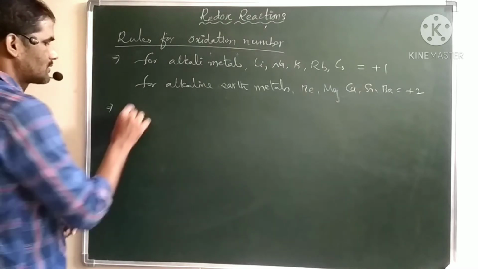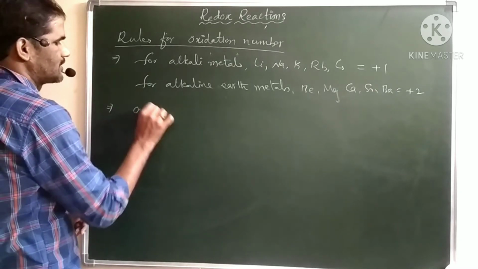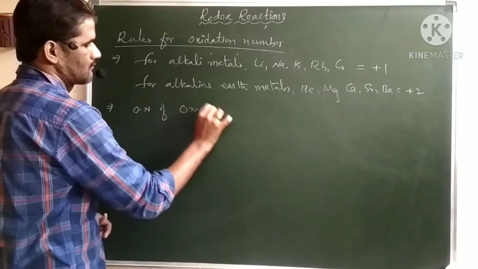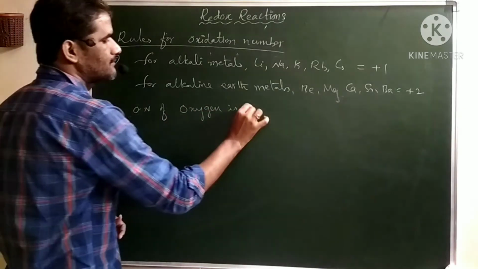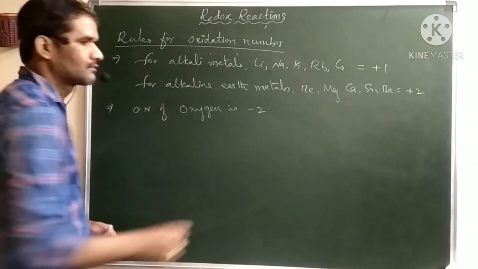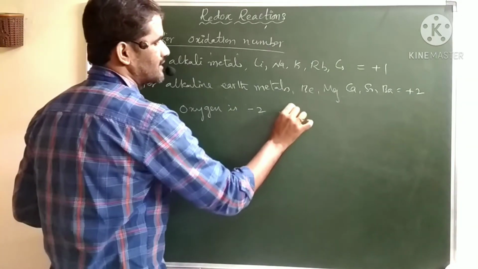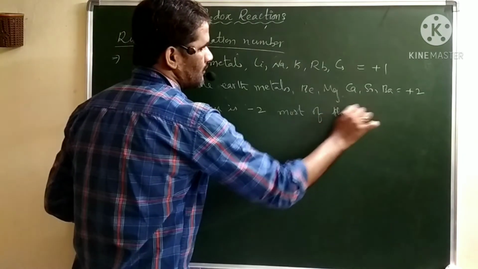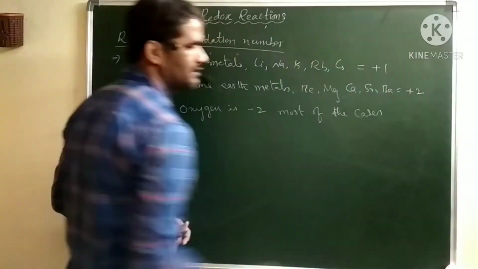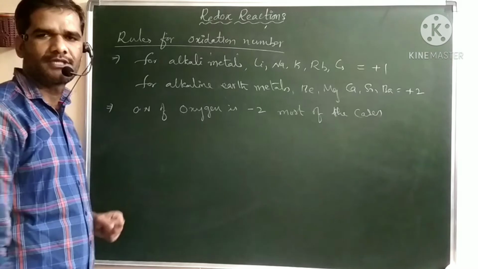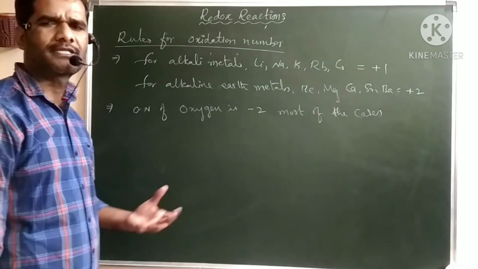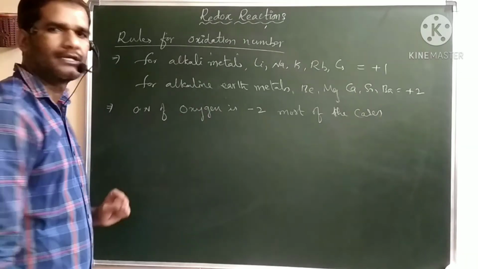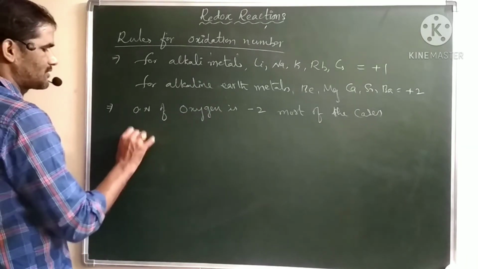Next, the oxidation number of oxygen is -2 in most cases. Most of the time oxygen exhibits the -2 oxidation state, but there are some exceptions where it shows other oxidation states.